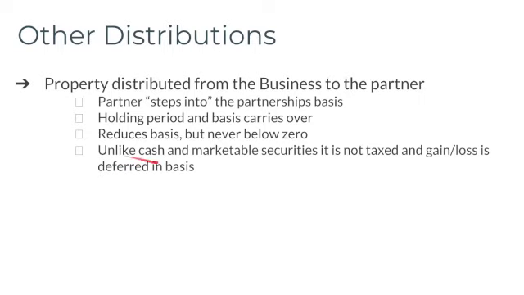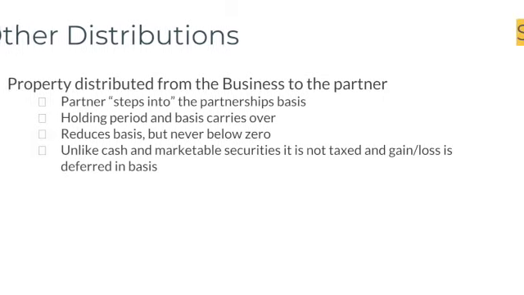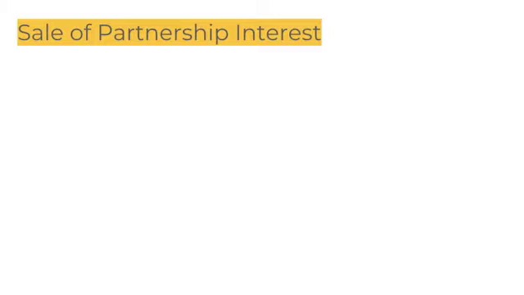Unlike cash and marketable securities, it's not taxed if it decreases the partner's basis below zero. Instead, gain or loss is just deferred in the asset's basis, the partner's adjusted basis in the asset.